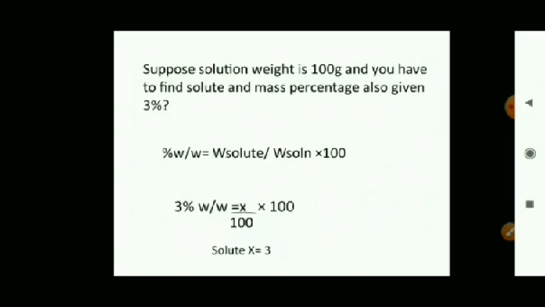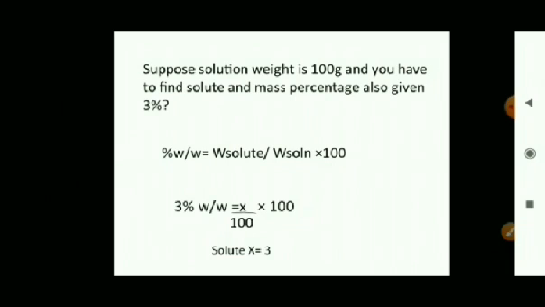So your solution weight is given as 100 gram and you have to find how much solute is mixed in the solution, and here the mass percentage is also given to you, that is 3%. Now how will you find that?